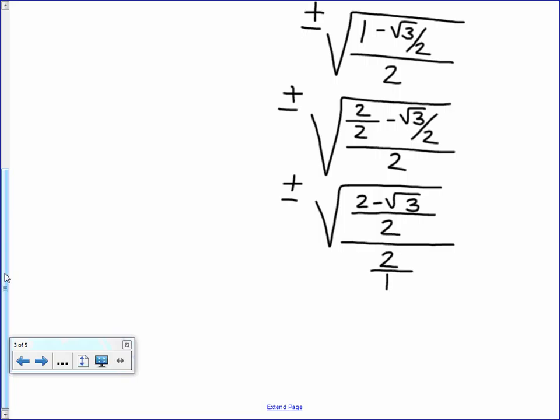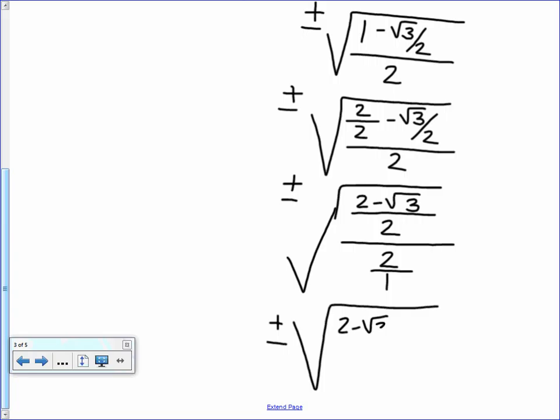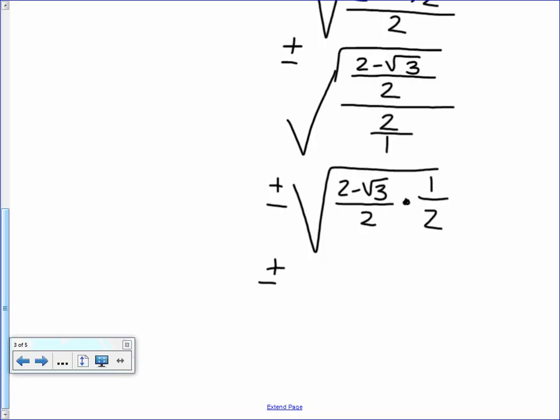This should end up being a gigantic radical. And it's going to be a gigantic radical, plus or minus 2 minus the square root of 3 all over 2 times 1/2, which ends up being plus or minus the square root of 2 minus the square root of 3 all over 4.